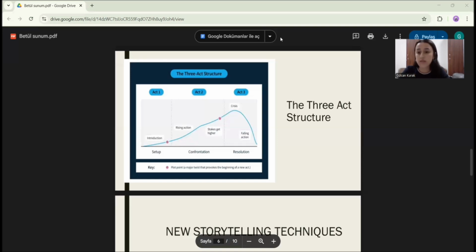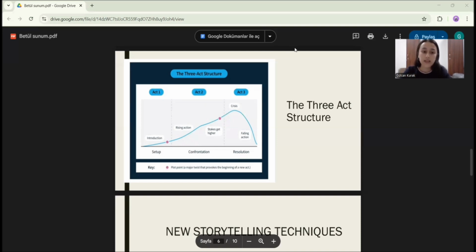We can see it in many ways. Let's look at the first act. It is the introduction part. It is the first act of the story. It includes some characters, some events, and so on in here. You can find them in here.